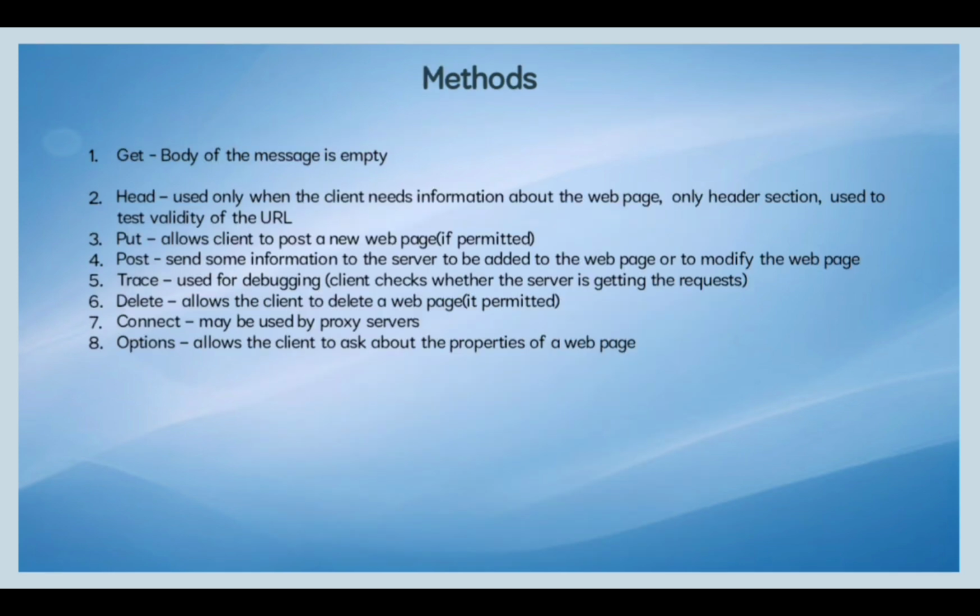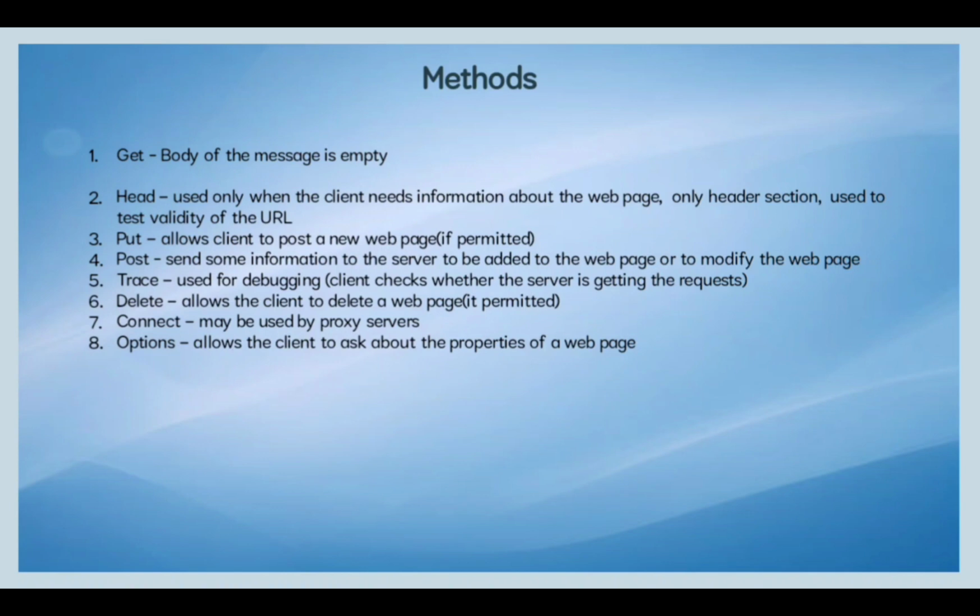Methods. GET: the body of the message is empty. HEAD: used only when the client needs information about the web page; only the header section, used to test the validity of the URL. PUT: allows the client to post a new web page if permitted. POST: sends some information to the server to be added to the web page or to modify the web page.